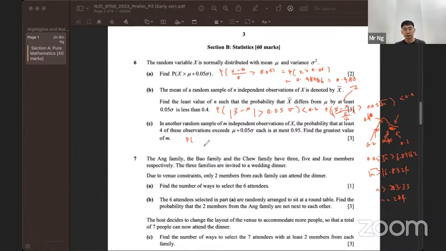So we are not looking at a sample now. So this observation, if they exceed this thing, so at least 4 of them exceed. We already showed in part 1 that it equals 0.48006.